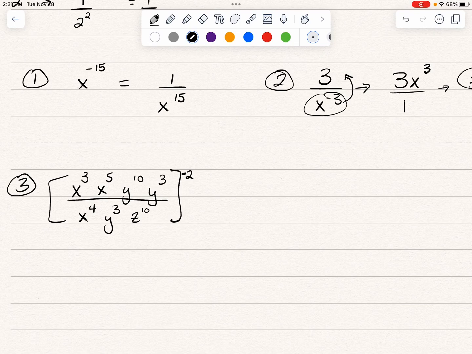So what we need to do first is distribute this power, using the power rule, to all of these exponents inside.